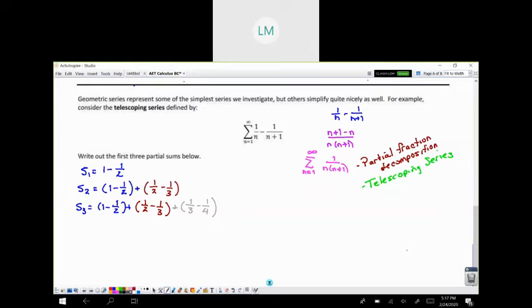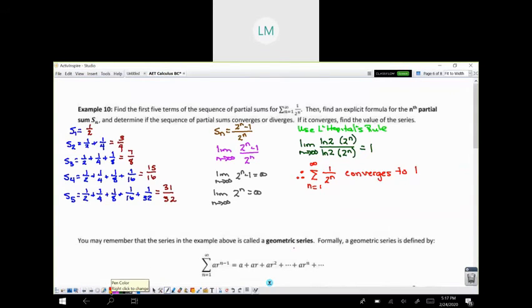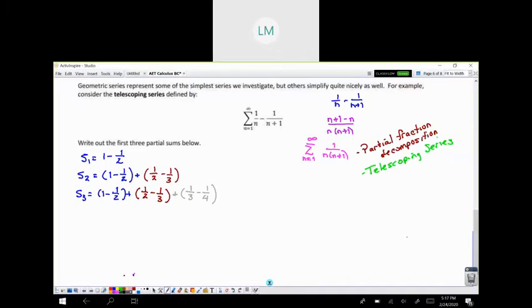So, what do you notice as you go along with these terms of the sequence? Let me flip back to the page and scroll down. You should notice that these interior terms are going to cancel.